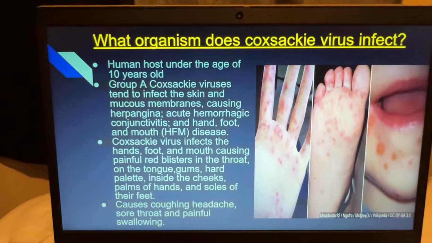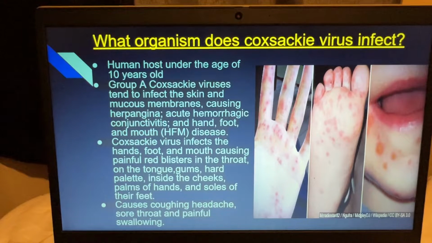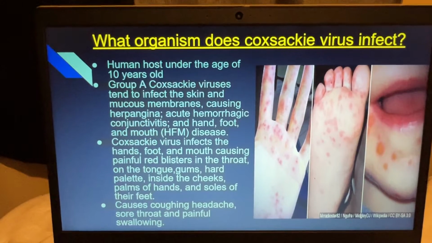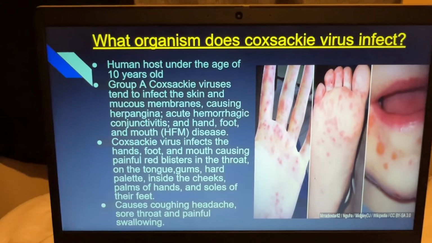What organism does Coxsackie virus infect? Well, they do infect the human host under the age of 10. Group A Coxsackie viruses tend to infect the skin and the mucous membranes, causing herpangina and conjunctivitis along with hand, foot, and mouth disease.